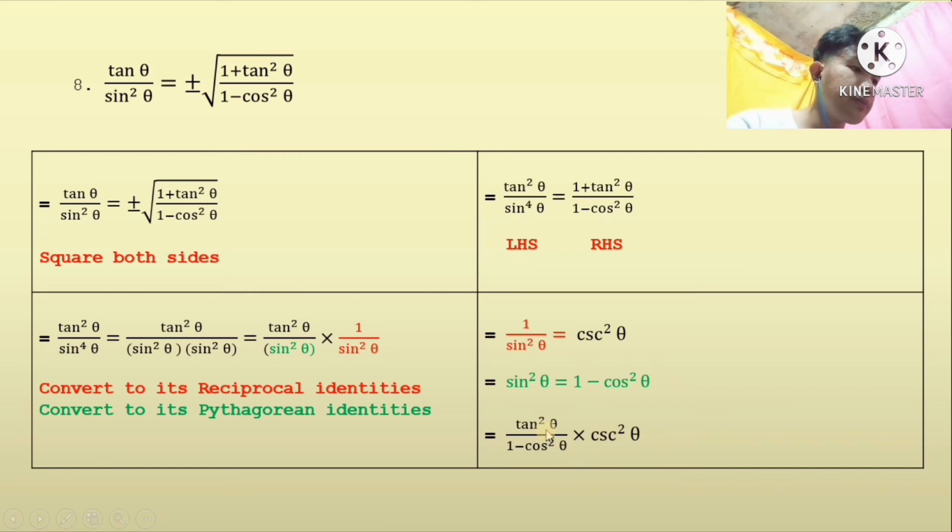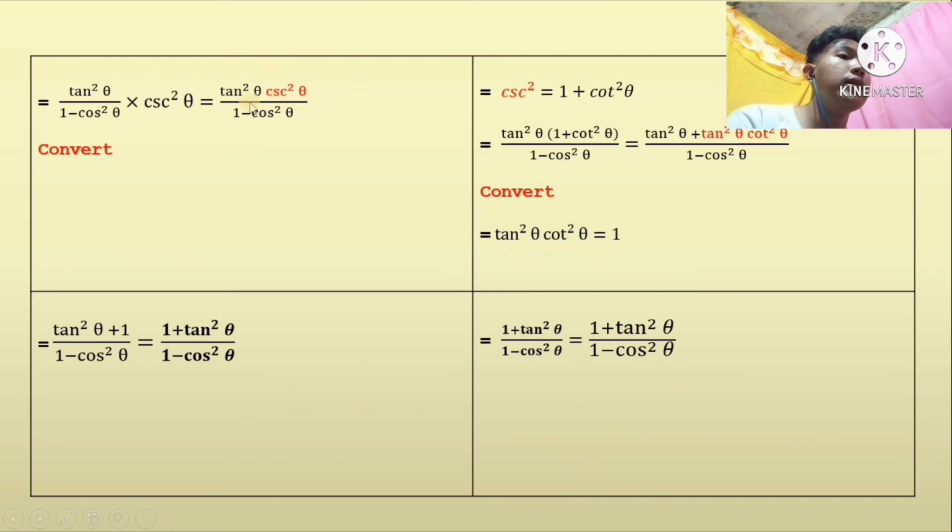So our equation will be tangent squared theta over 1 minus cosine squared theta times cosecant squared theta. So our equation will be tangent squared theta times cosecant squared theta over 1 minus cosine squared theta. So cosecant squared is equal to 1 plus cotangent squared theta. So convert cosecant. Our equation will be tan squared theta times 1 plus cotangent squared theta over 1 minus cosine squared theta.